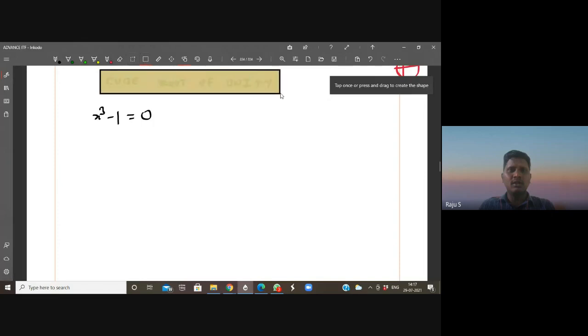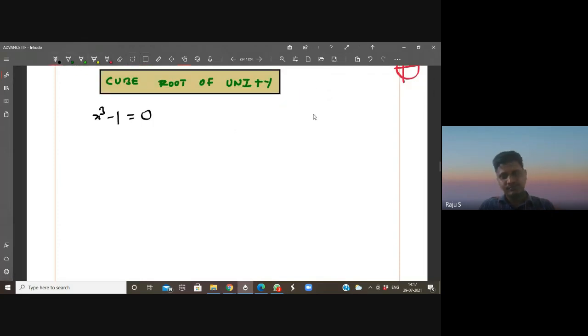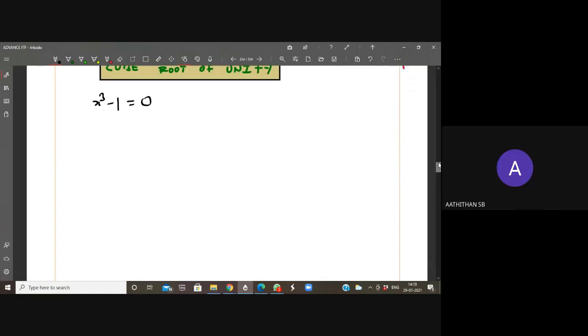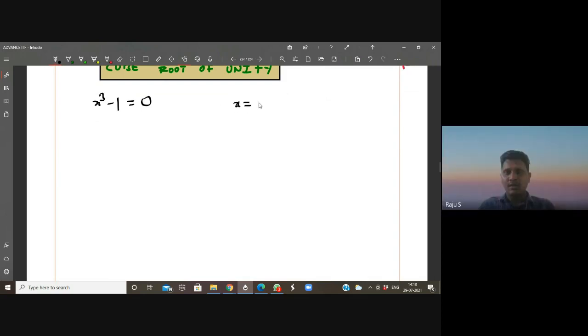We are going to get 3 roots. What are the 3 roots here? Can anyone tell me? All three 1, like you are saying 1, 1, 1?